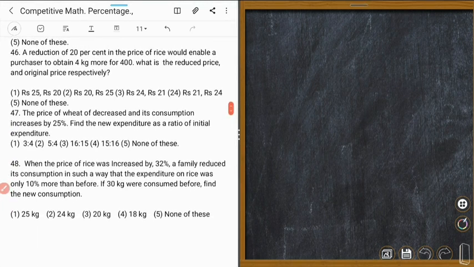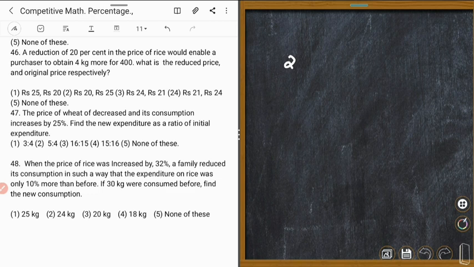Again, a reduction of 20% in the price of rice would enable a purchaser to obtain 4 kg more for 400.